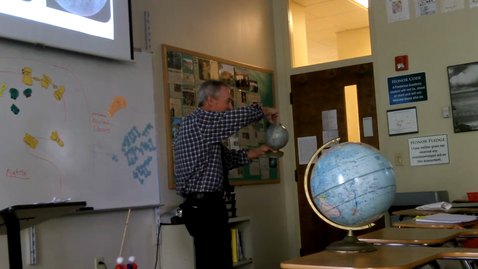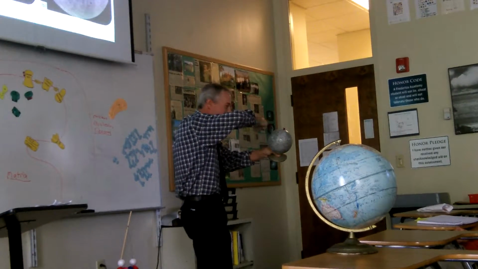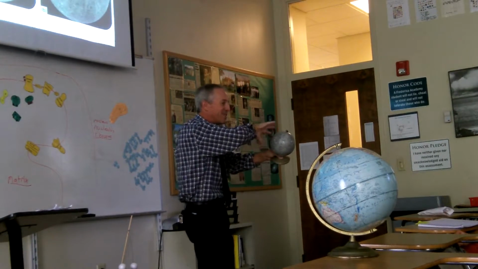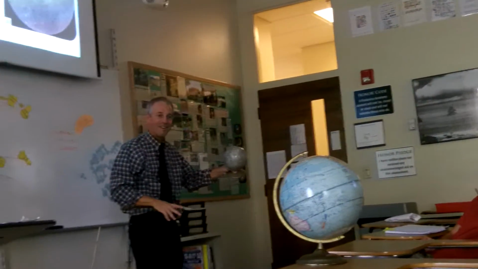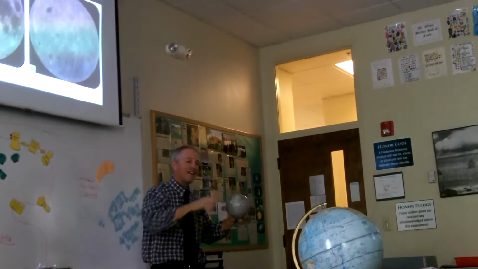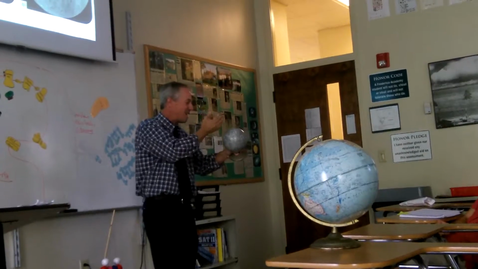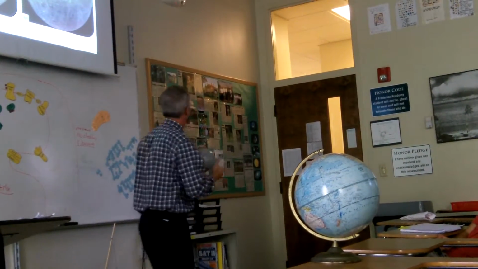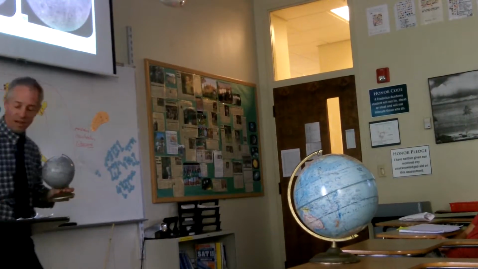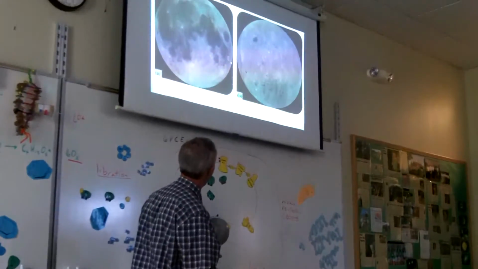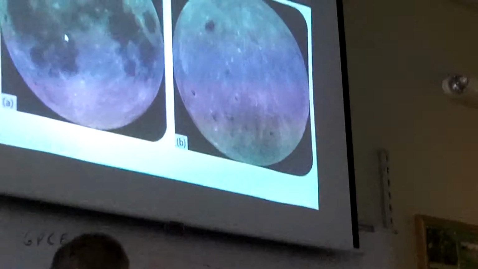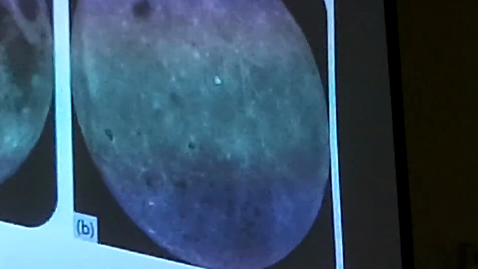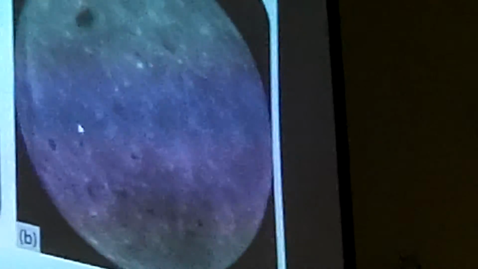On the far side, the crust is too thick to make a crater deep enough to get to the molten lava underneath. And so that's why the far side doesn't have any Maria. It is cratered on the far side, just like it is on the near side, but the crust is so thick on the far side that the crater couldn't penetrate the crust.